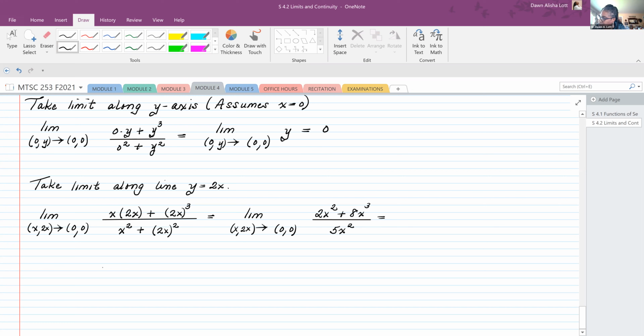So now that is the limit as x, 2x approaches 0, 0.